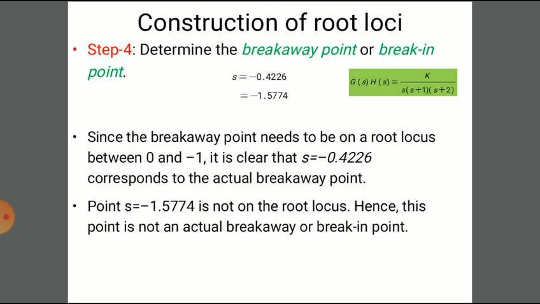Since the breakaway point needs to be on the root locus between 0 and minus 1, it is clear that s equal to minus 0.4226 corresponds to the actual breakaway point, and s equal to minus 1.5774 is not on the root locus. Hence this point is not an actual breakaway or break-in point.